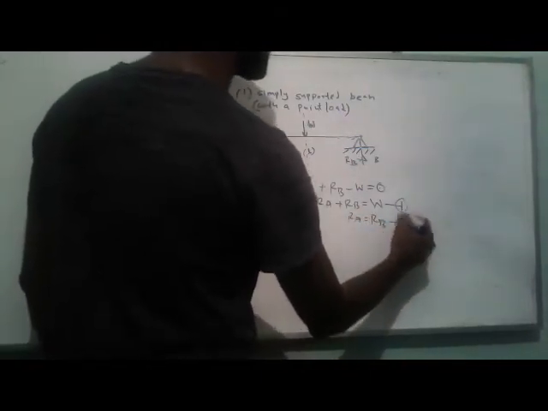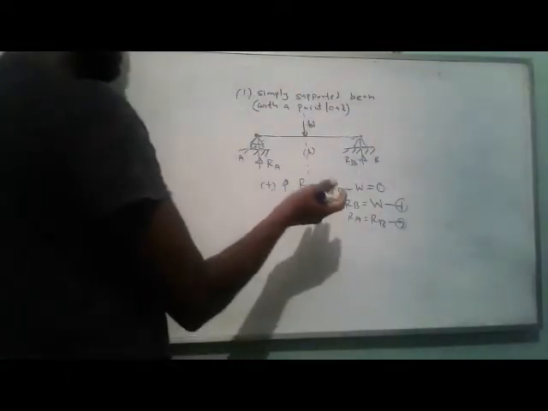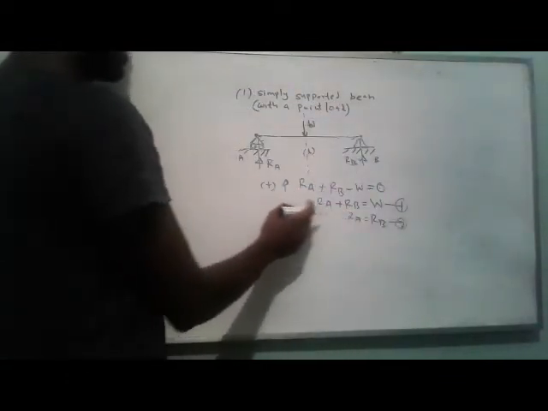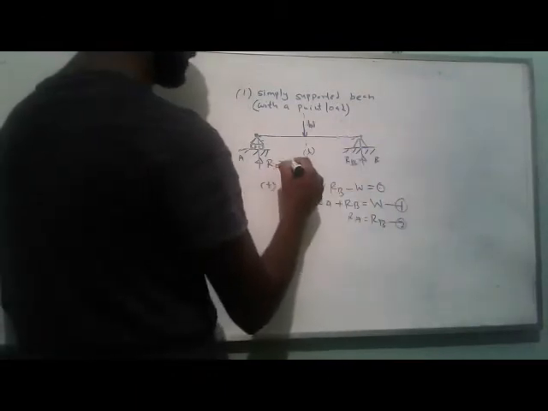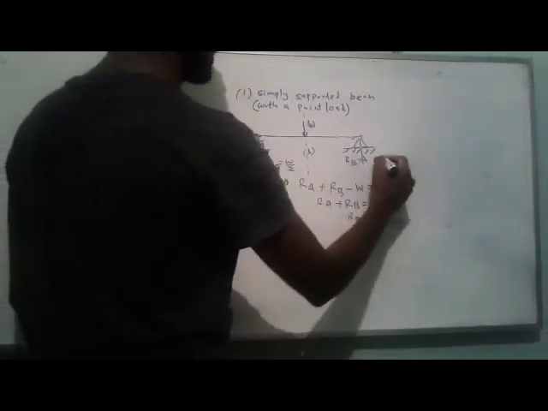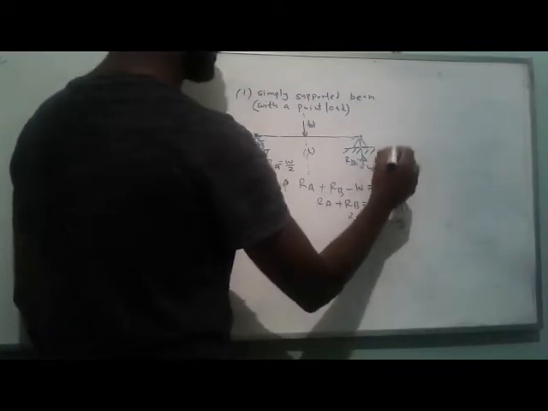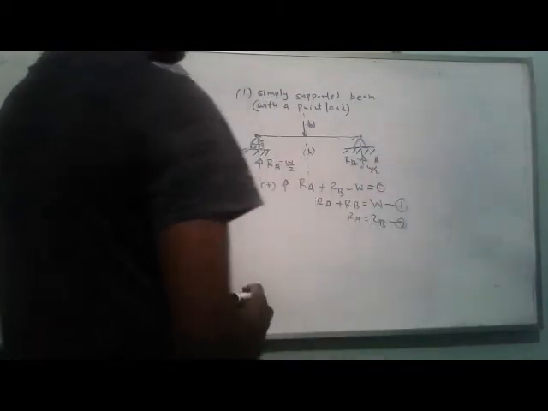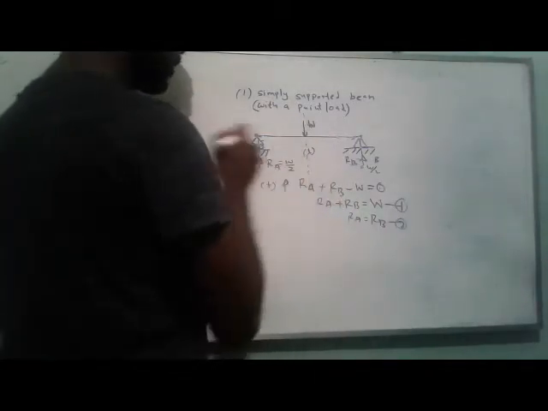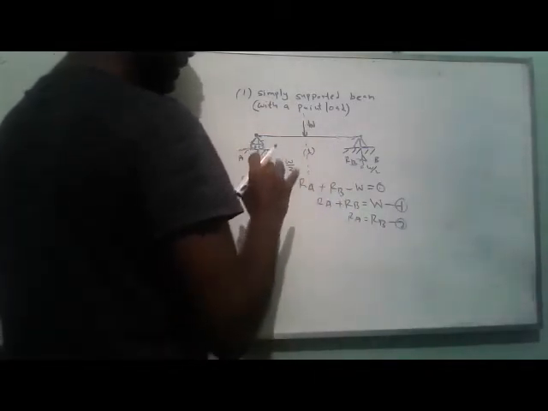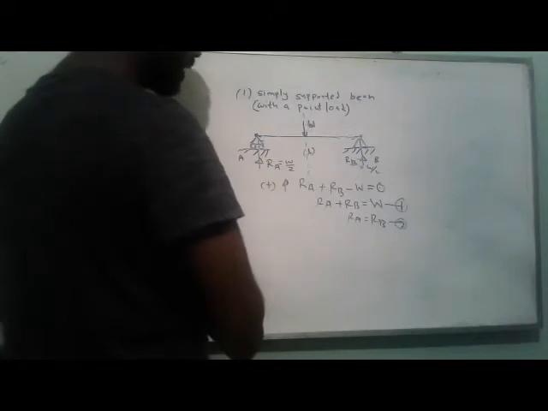This is my second equation. Therefore you have two unknowns, two equations, and you can find RA is equal to W over 2 and RB is also equal to W over 2. So we have found RA and RB.